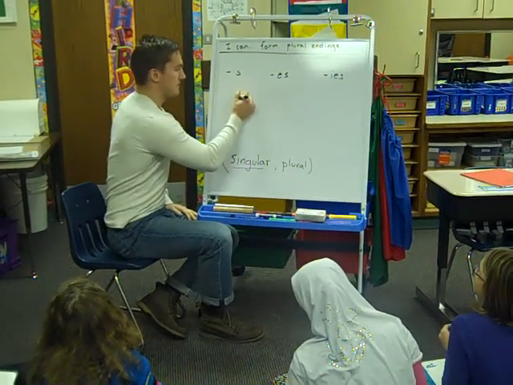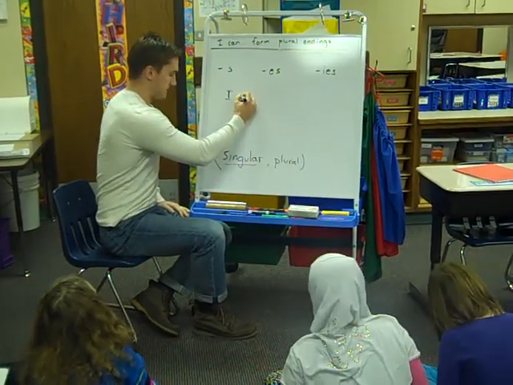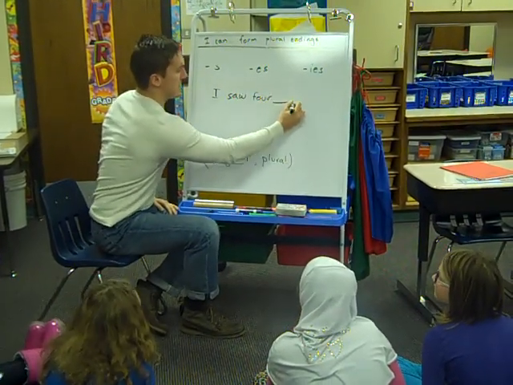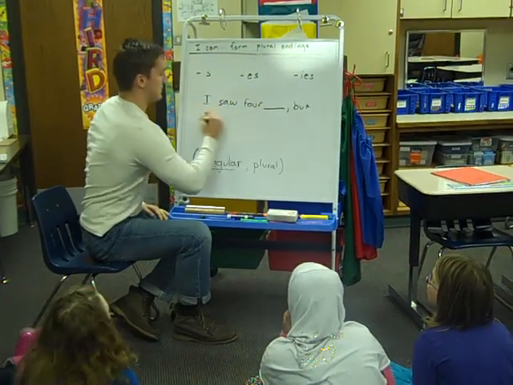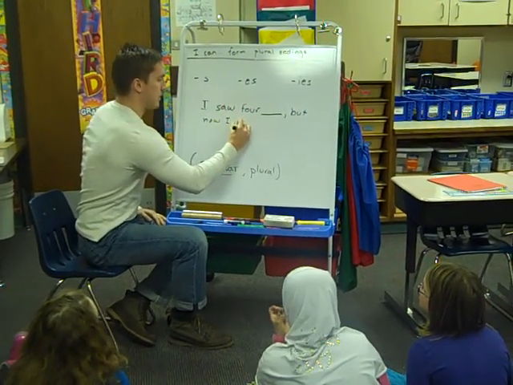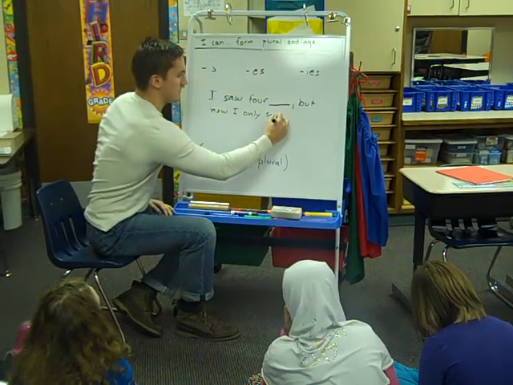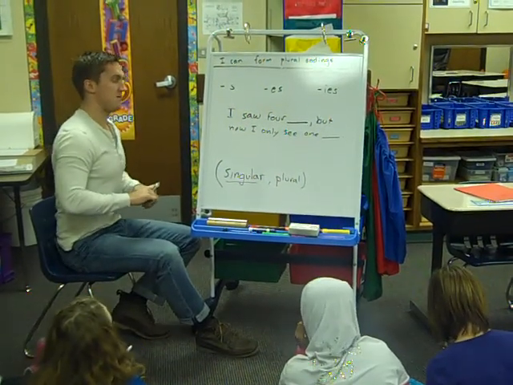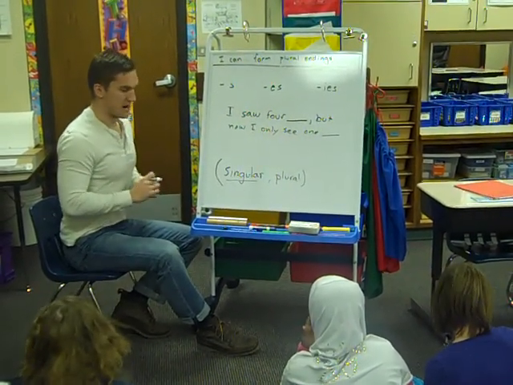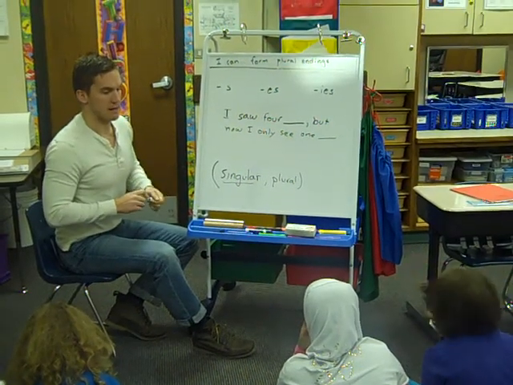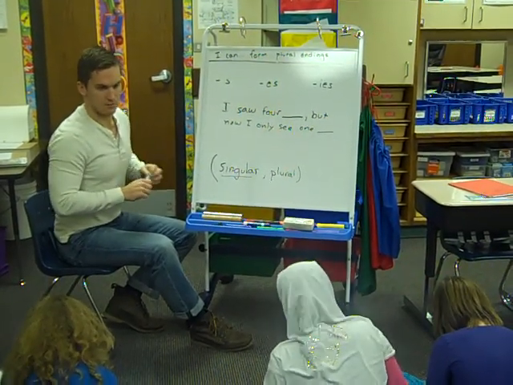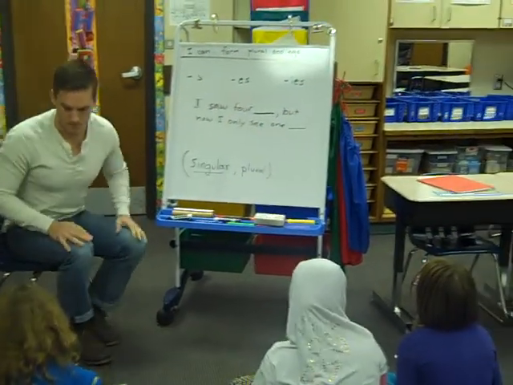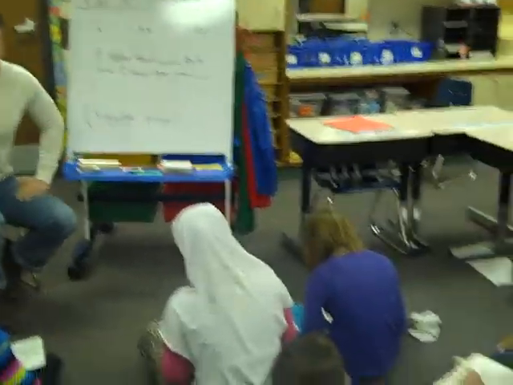An example would be, I saw 4 boxes, but now I only see one box. I saw 4 blank, but now I only see one blank. You can go ahead and write that sentence on your board. Please use the singular and plural form of the same word.